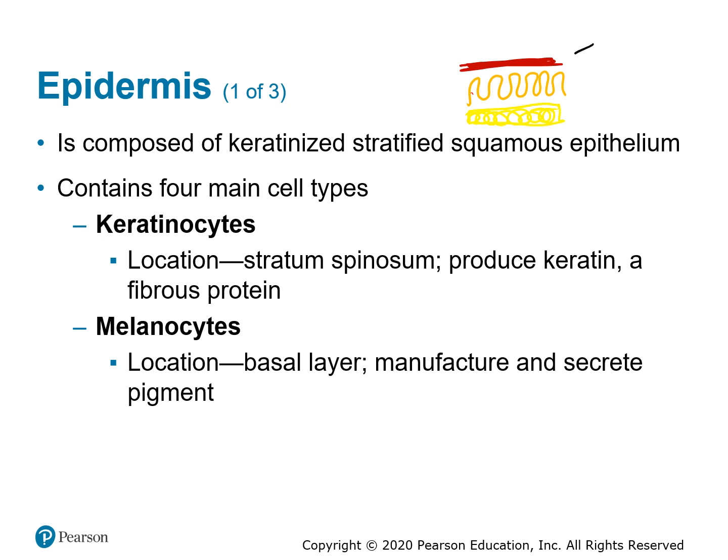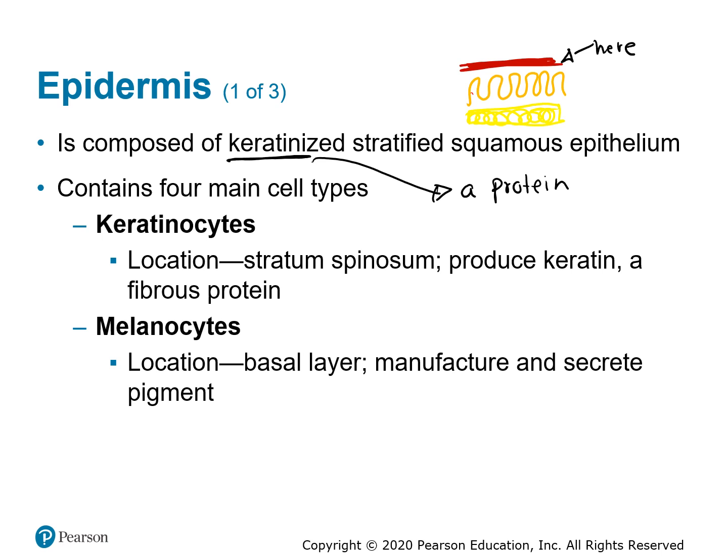Right now we're here in the epidermis. The epidermis is comprised of keratinized, stratified, squamous epithelium. Keratin, as we remember from histology, is a protein that helps to make things waterproof.